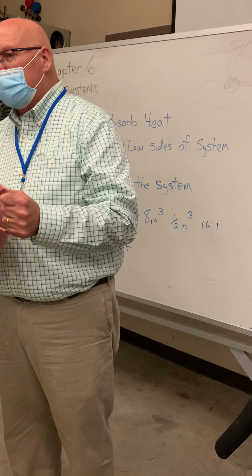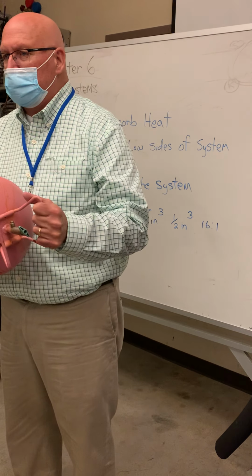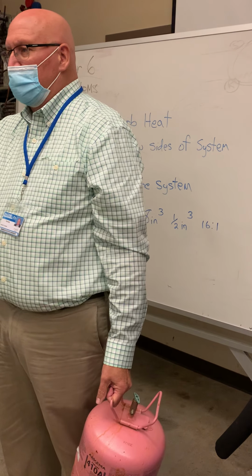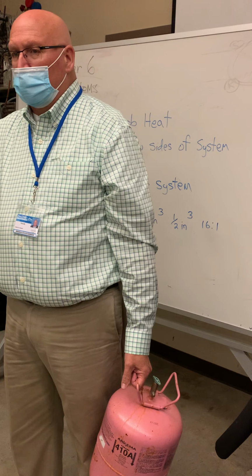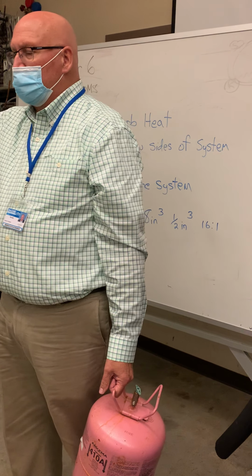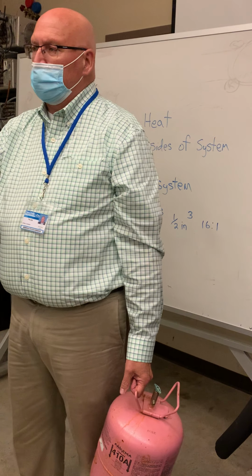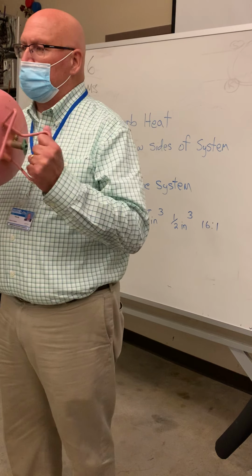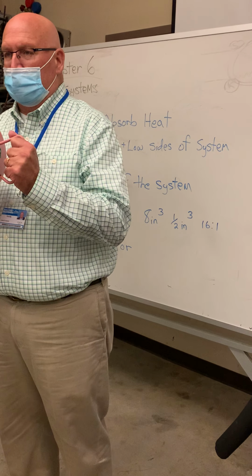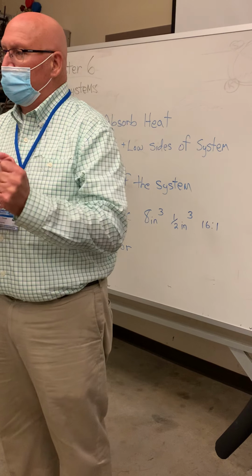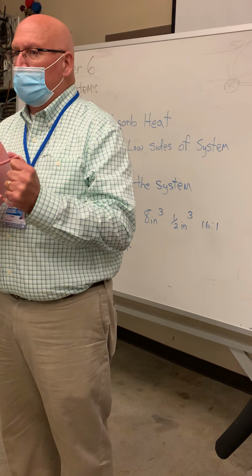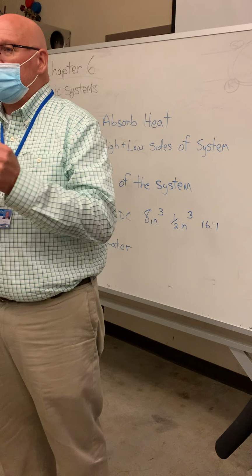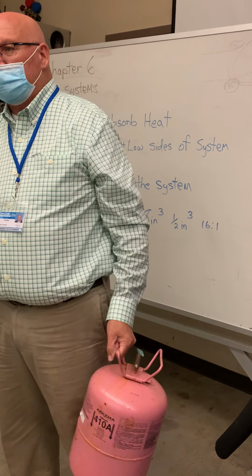So in my system, I need a way of lowering the temperature below 70, and then when the refrigerant flows to the outside, I need to use the same rule. Where it's hot, it goes to where it's cooler. So if it's 100 degrees outside, I need to raise the temperature of this refrigerant vapor to 130 degrees, because 130 degrees is still a lot more heat than 100 degrees. So it's going to leave where it's 130 and go to where it's 100.